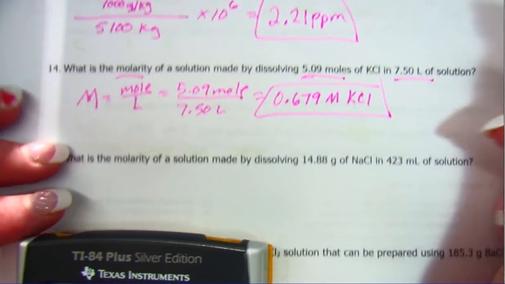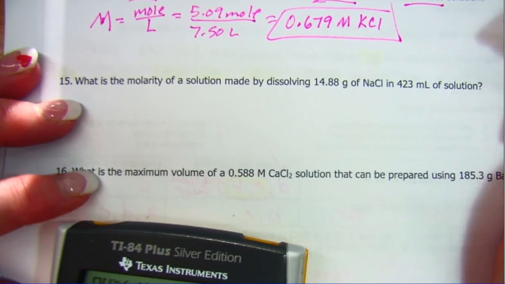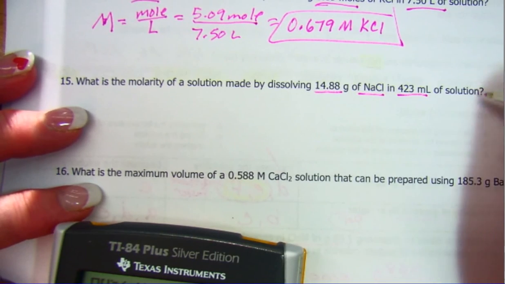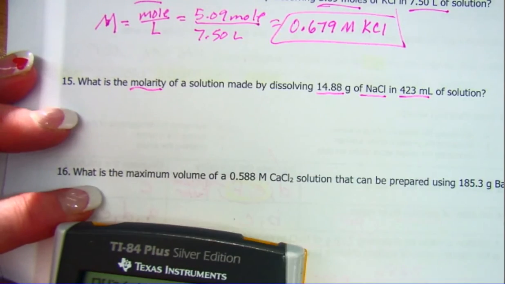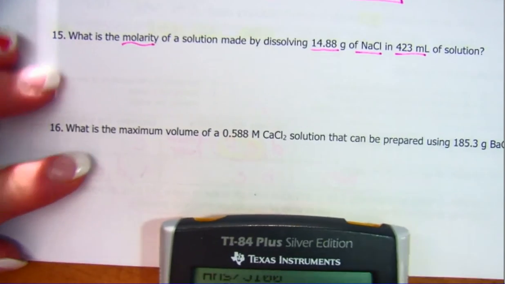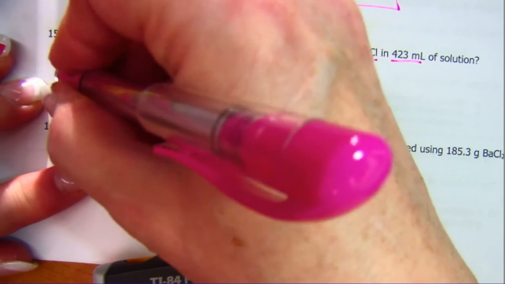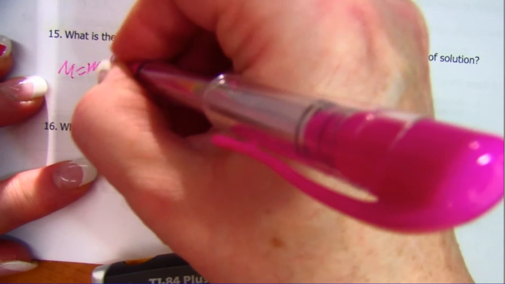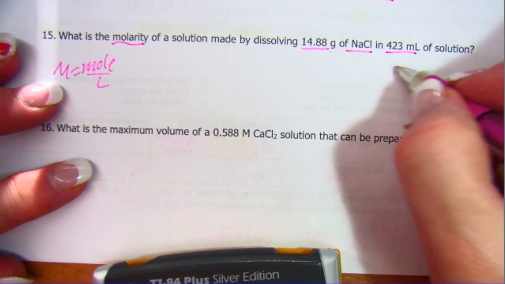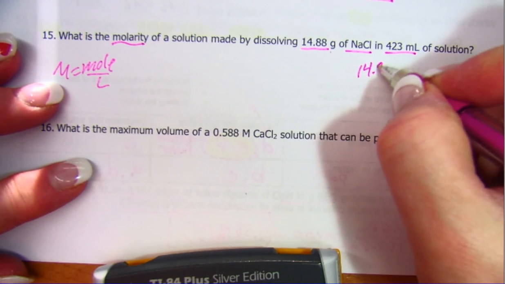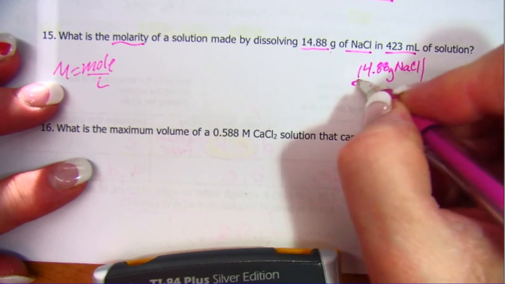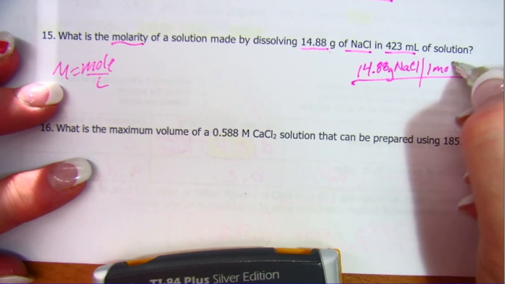Done. Next one. Here we're given grams of NaCl and milliliters of solution, and we're trying to find molarity. So we've got to get them in the right units first, and the right units are, remember, moles over liters. So we're going to take this 14.88 grams NaCl and change it into moles.